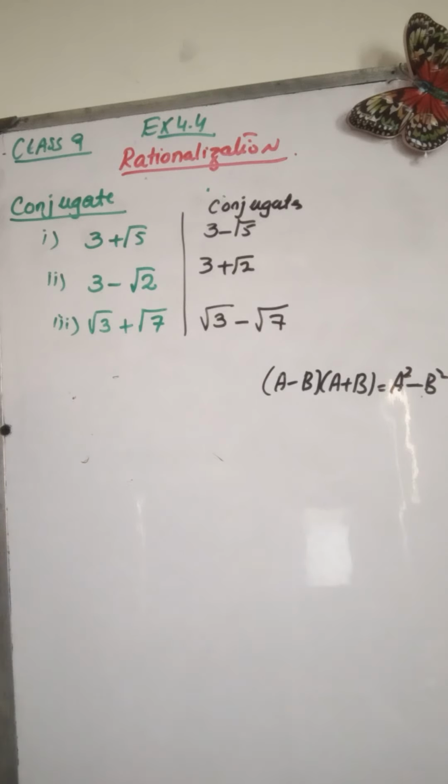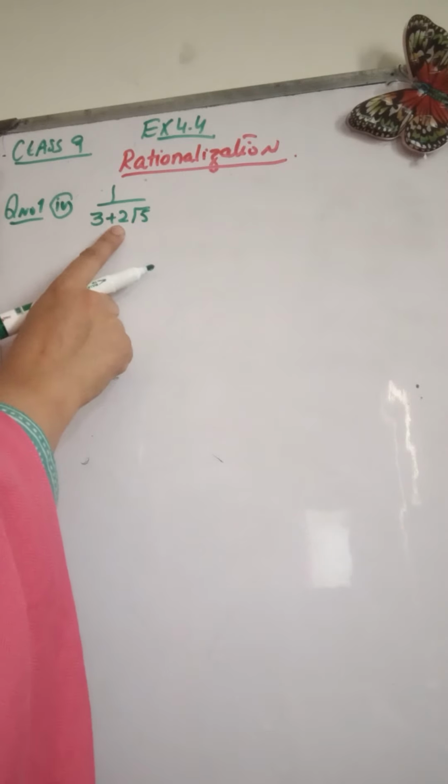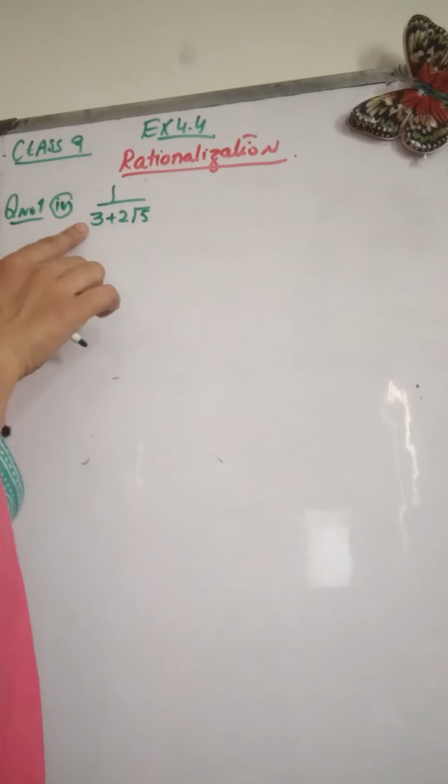Now let's do question number 1, part 4. The question is 1 over 3 plus 2 under root 5. We have to rationalize the denominator, that is, bring a rational number in the denominator.